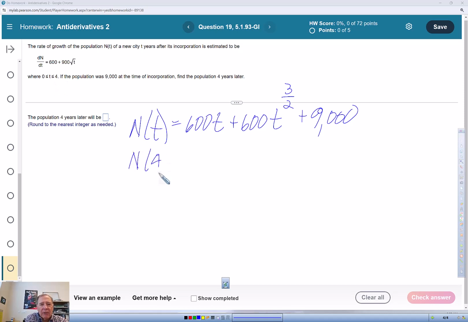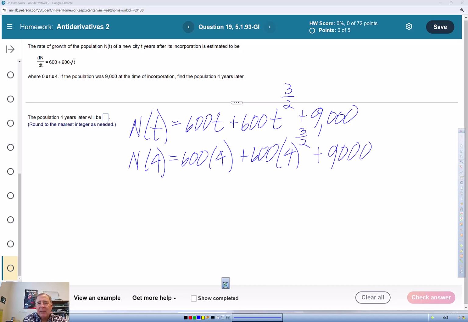So N of 4 equals 600 times 4 plus 600 times 4 to the 3 halves power plus 9,000. And this 1/2 here in this fraction, that's the square root, so this is going to be 2 to the 3rd power.